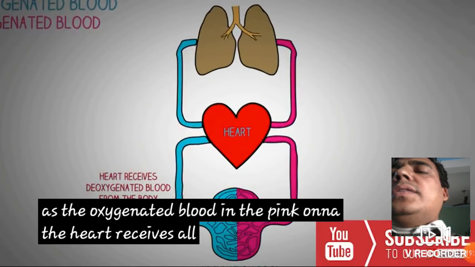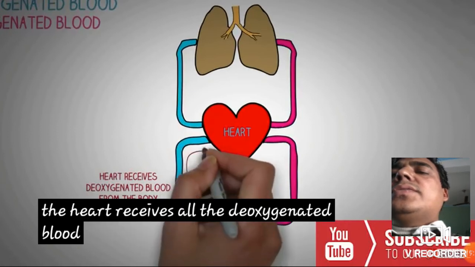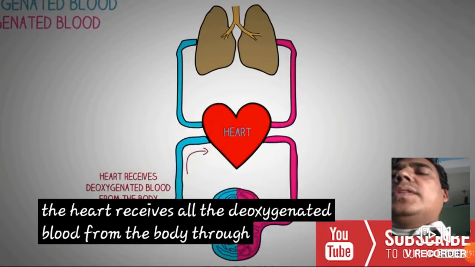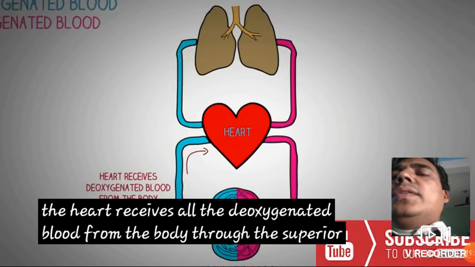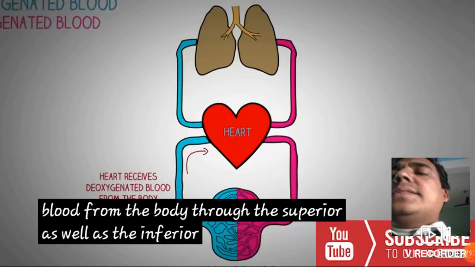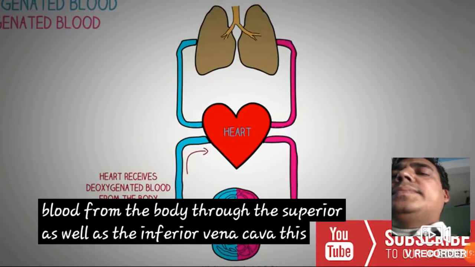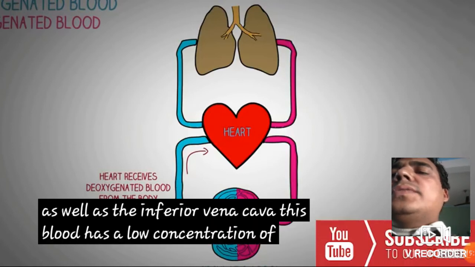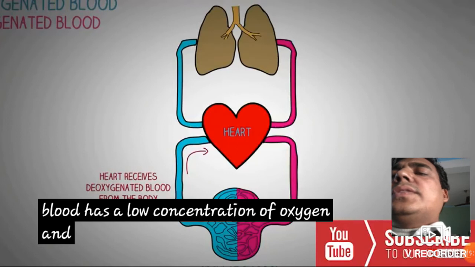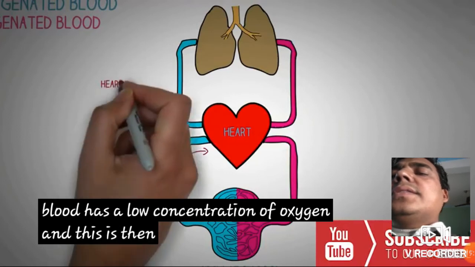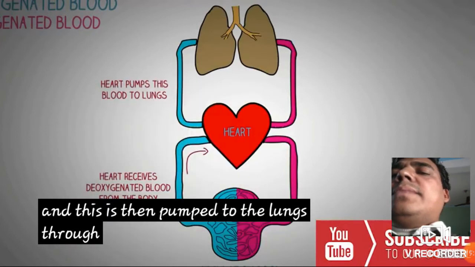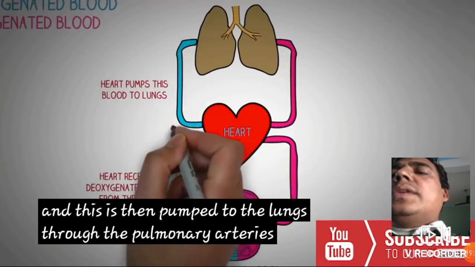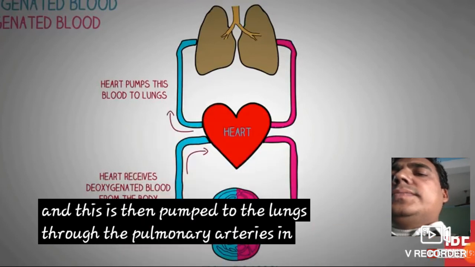The heart receives all the deoxygenated blood from the body through the superior as well as the inferior vena cava. This blood has a low concentration of oxygen, and this is then pumped into the lungs through the pulmonary arteries.